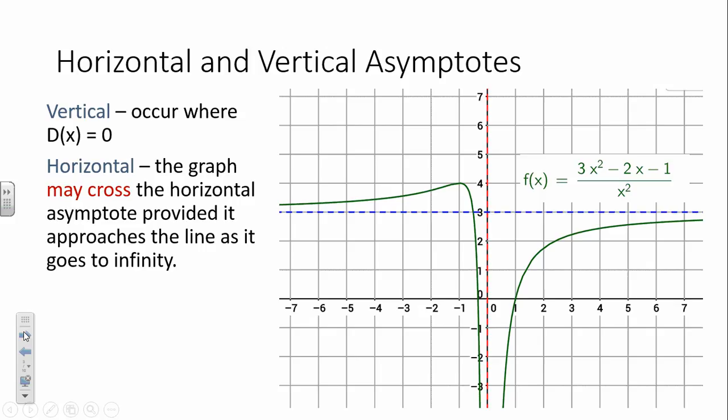Horizontal asymptotes can have that exception to the rule. No surprises here. We saw this in our exploration as well.